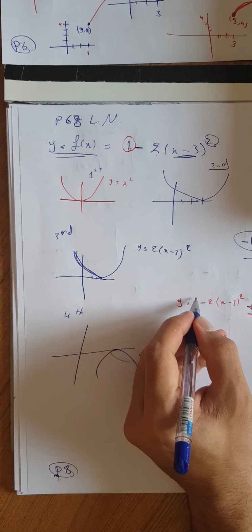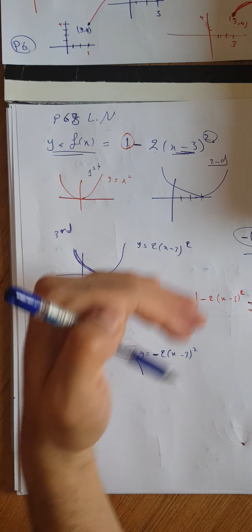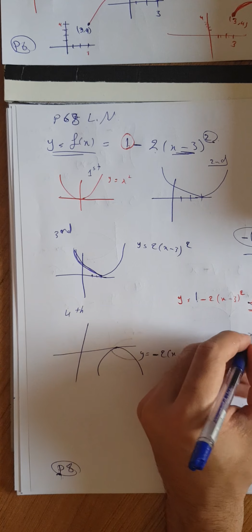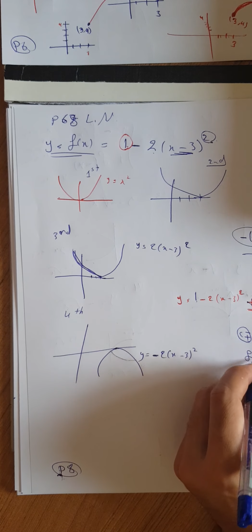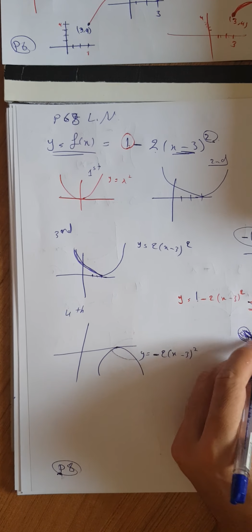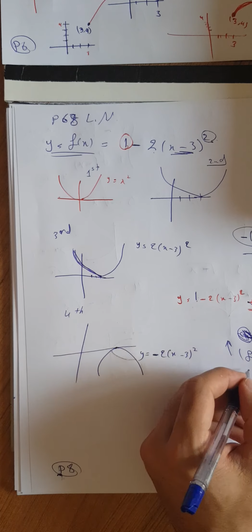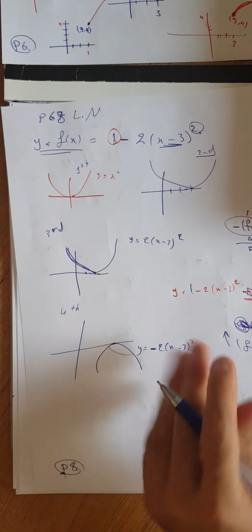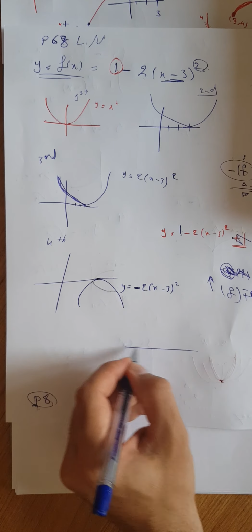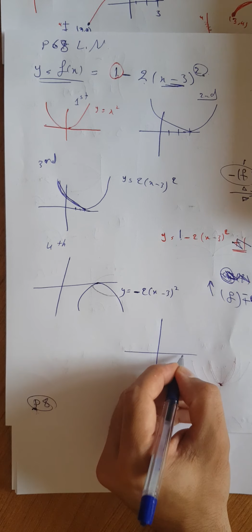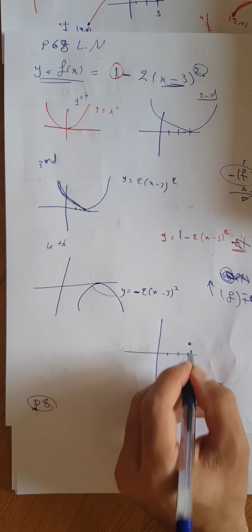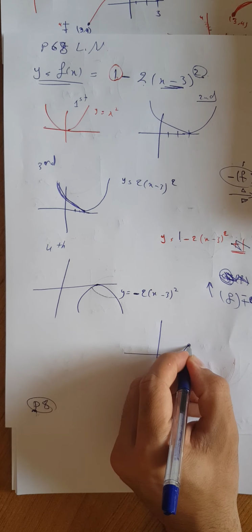If I have plus or minus c outside the function, f of x plus or minus c, not the reflection, it means shifting vertically, upward or downward. Because I have a plus 1, it goes upward. So I have 1, 2, 3, reflect, and plus 1, and it goes to something like that.